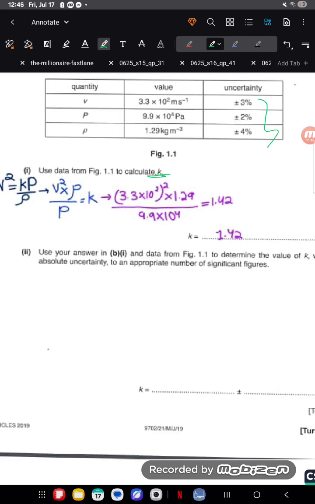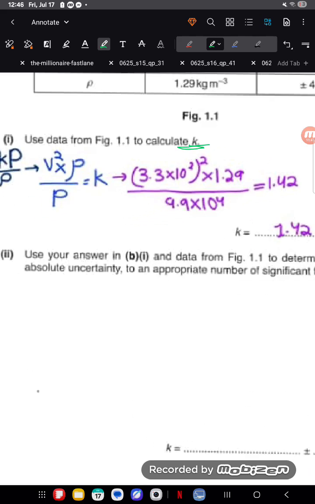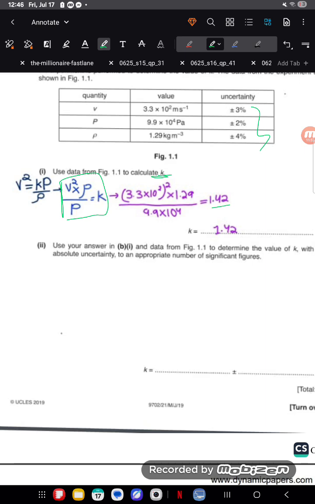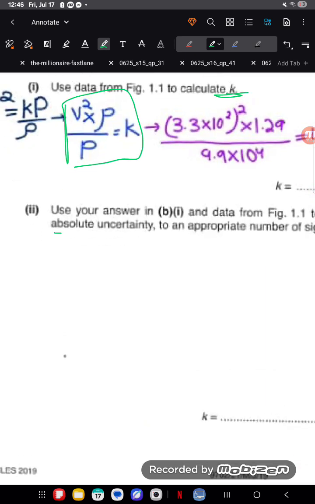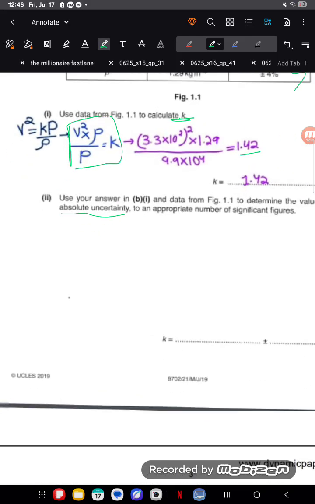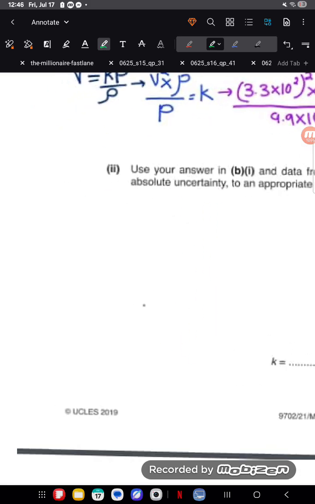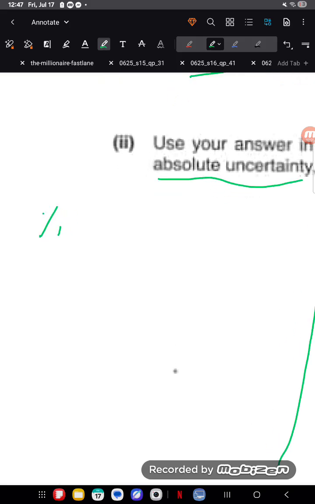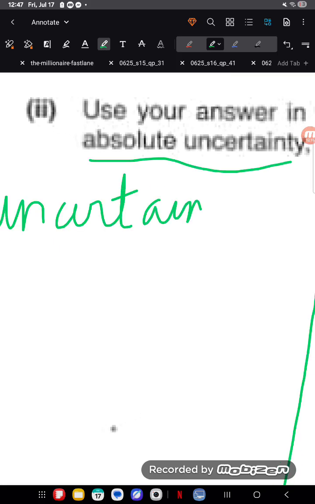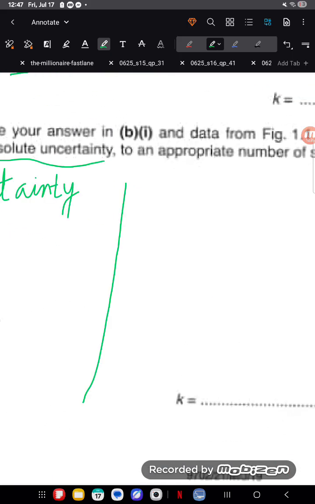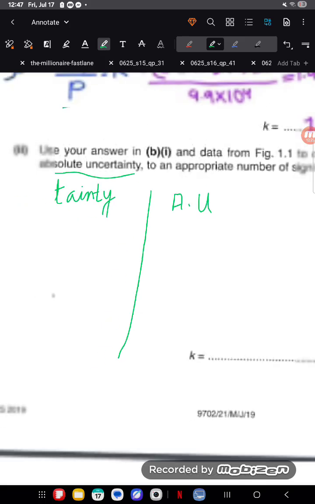So here you are finding the value of K. Here you can see she made K the subject and she found the value of K. And in the next question obviously they will say find the absolute uncertainty of K. So to find absolute uncertainty, what do you have to do? First find the percentage uncertainty. After getting the percentage uncertainty, you will find absolute uncertainty.